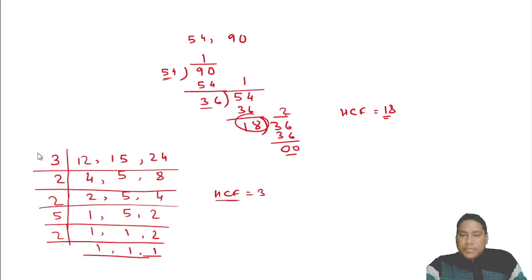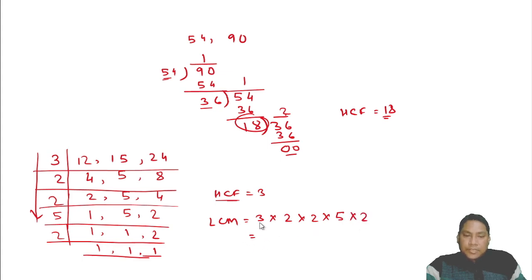So we will multiply and take out the LCM of 12, 15 and 24. The LCM is 3 into 2 into 2 into 5 into 2.